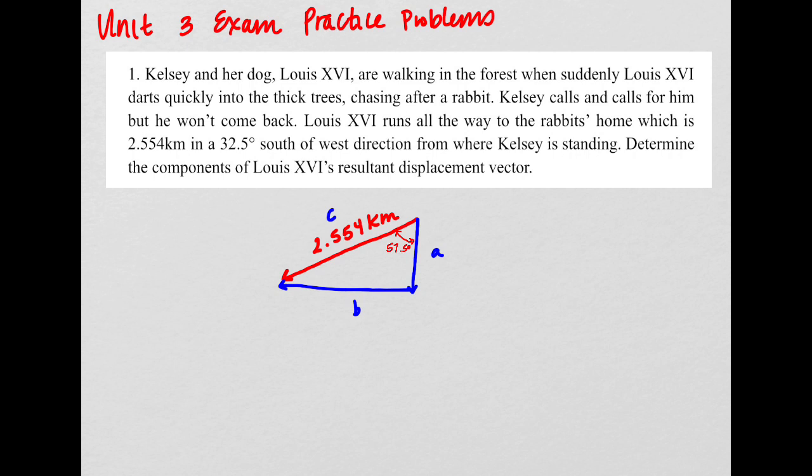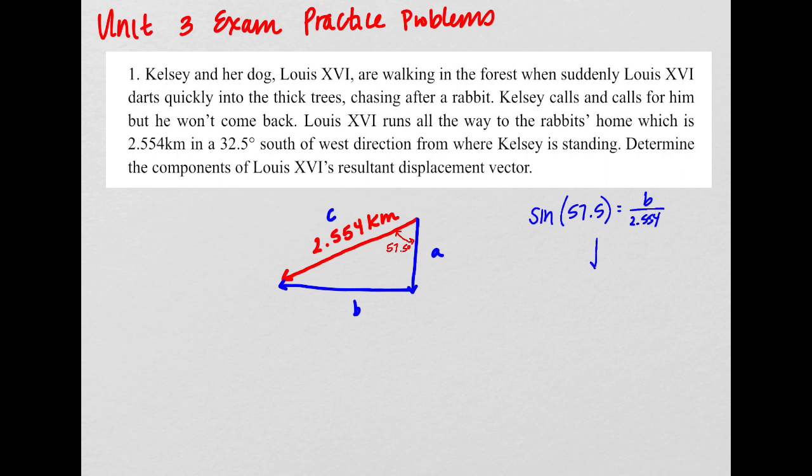Okay, so now I have all of the information that I need in order to find the magnitude of my two vector components. I'm going to use the trigonometric method. I am going to do sine of 57.5 degrees is equal to the opposite, which is B, over the hypotenuse, which is 2.554.